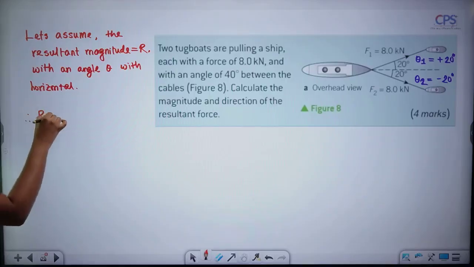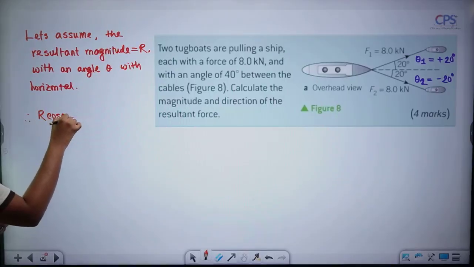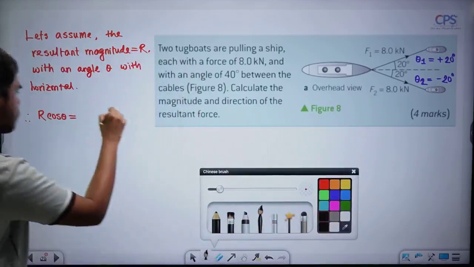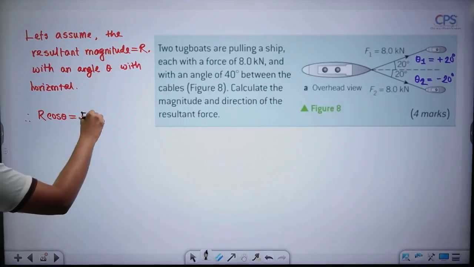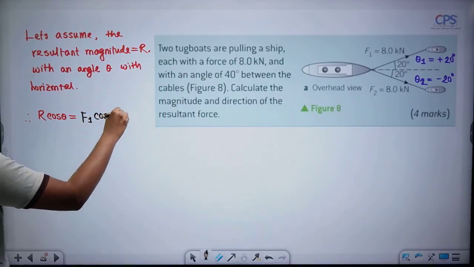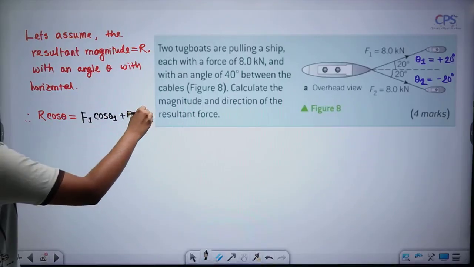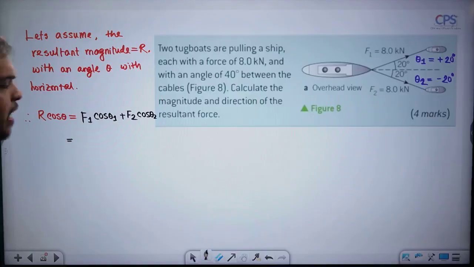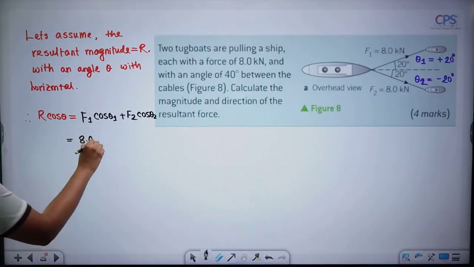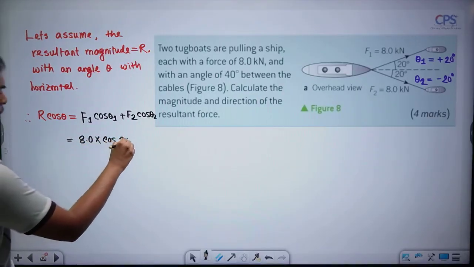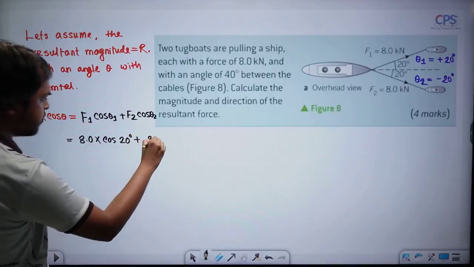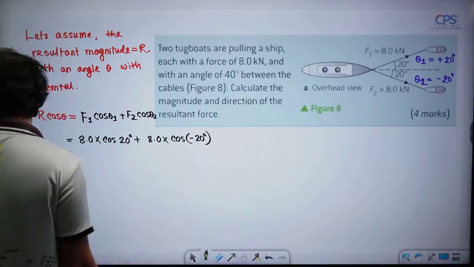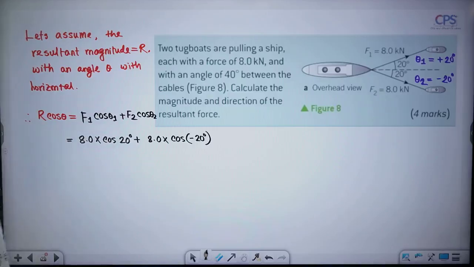So R cos theta equal to F1 cos theta 1 plus F2 cos theta 2. What are the values? Check them. F1 is 8 kilonewton cosine of 20 degree. This one is also 8 kilonewton cosine of minus 20 degree. Put it in your calculator.